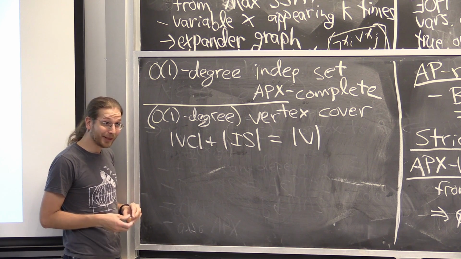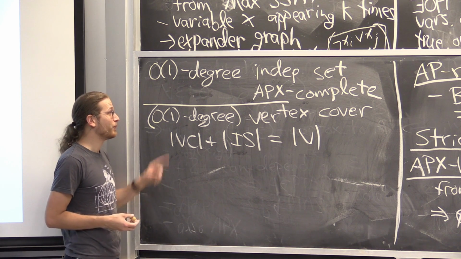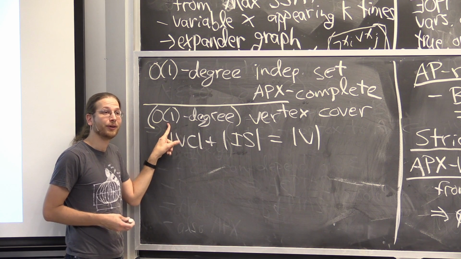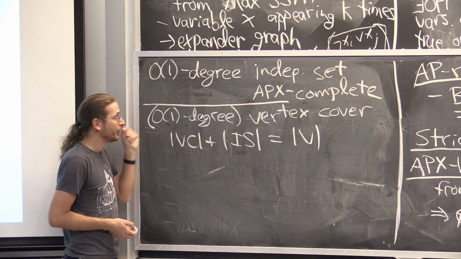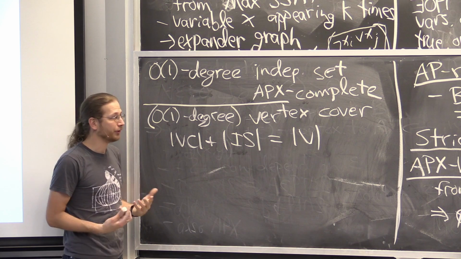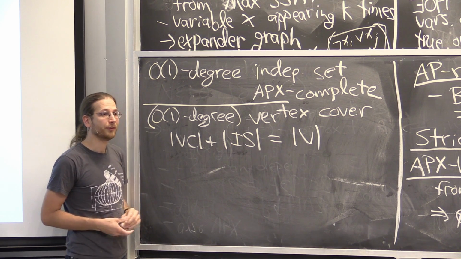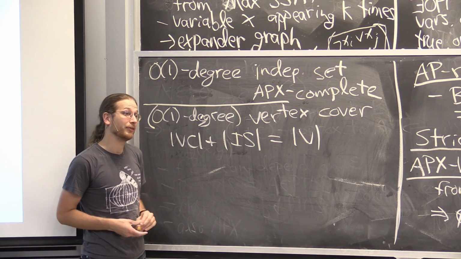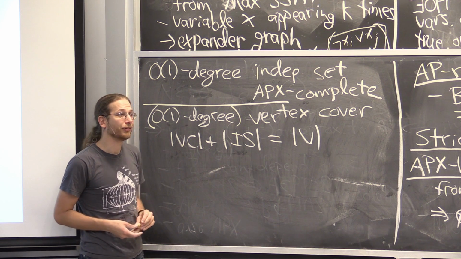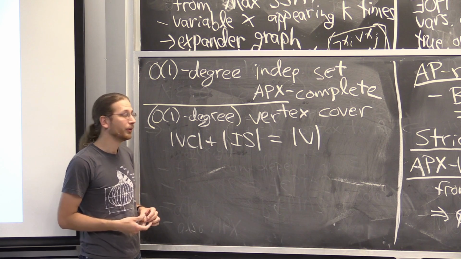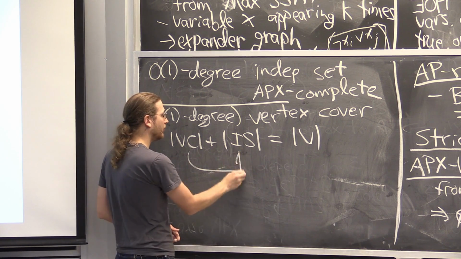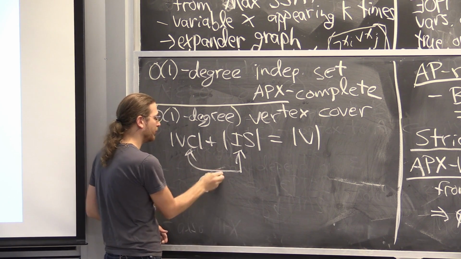But it's still an L-reduction for bounded degree graphs. Because if you have degree at most delta, there's always an independent set of size at least n over delta. And there's always a vertex cover of size at most n. So they're within constant factors of each other. In fact, these are both always theta of the number of vertices.